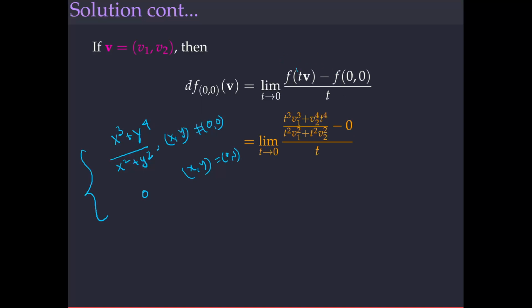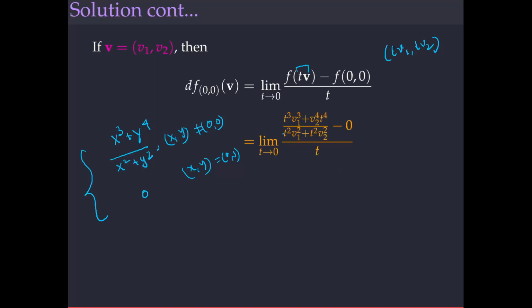So what is the value at tv? tv is nothing but (tv1, tv2). If I substitute, then x cube will be t cube v1 cube plus y to the 4 is t to the 4 v2 to the 4, and below we have t square v1 square plus t square v2 square, and f(0, 0) is 0, all by t. Okay.